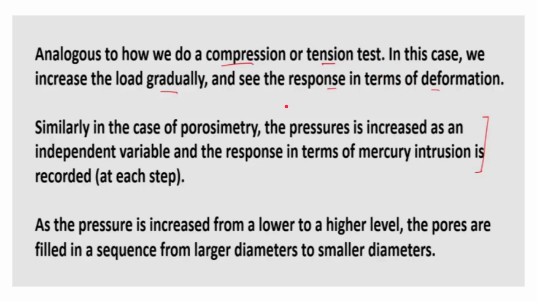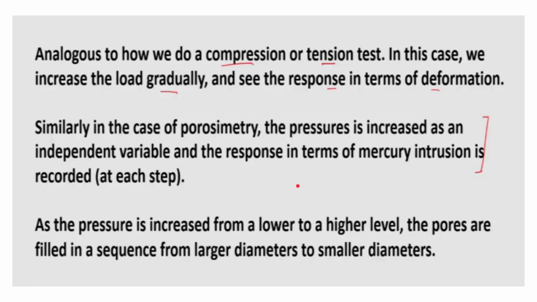In that case, as the load increases, the deformation increases. Similar is the case in mercury intrusion porosimetry. As the mercury pressure increases, the amount of intrusion increases, and that's how we get the pore volume and also the size.